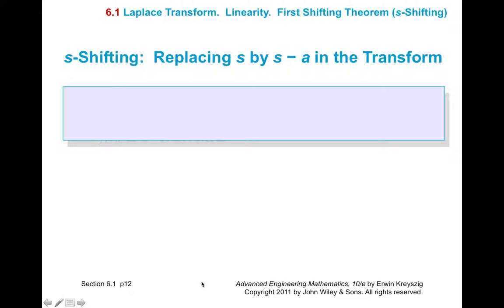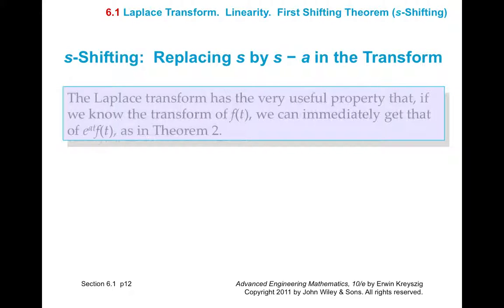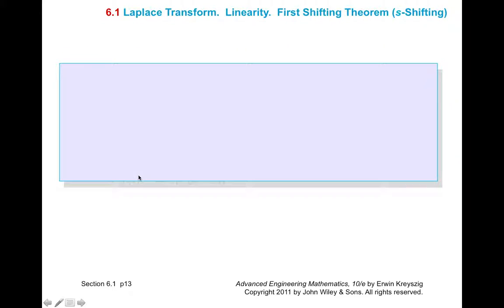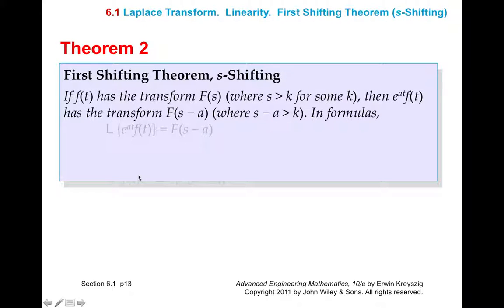So a common theorem is called s-shifting, and this is fairly common. This happens when you have a function of time that is multiplied by e to the at. When you do that, there is a predictable output, and that is the Laplace transform of a function of time that's multiplied by that exponential.